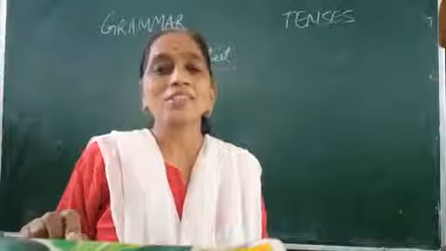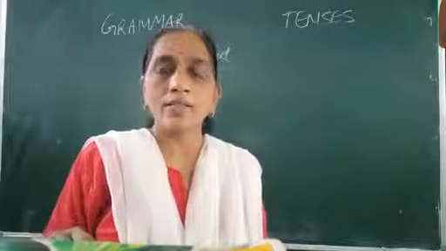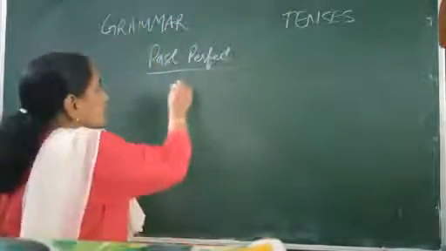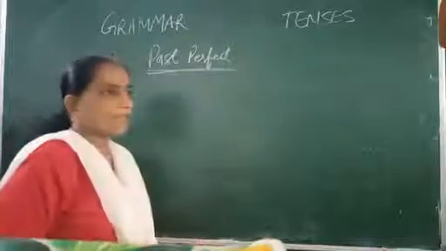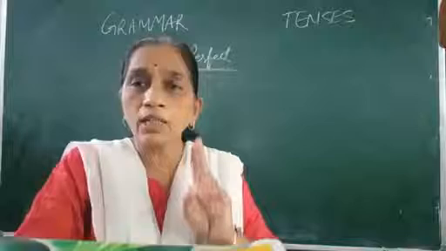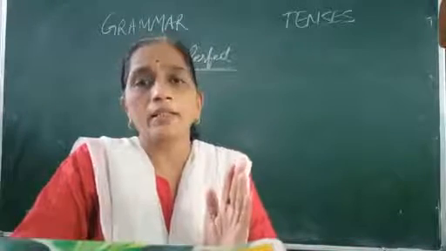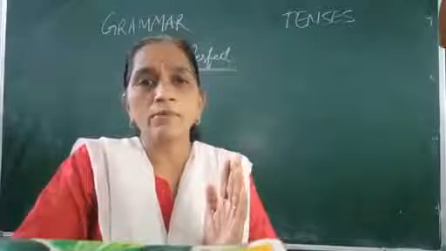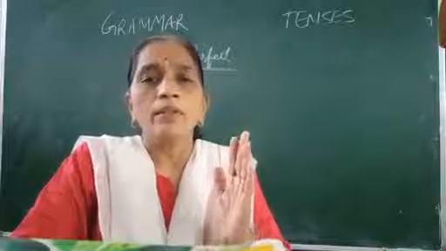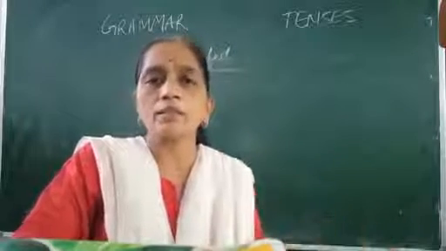In continuation with tenses, we shall learn the past tense and past perfect. Third part of it is past perfect tense. This tense is used when two actions took place in the past time and had plus verb third form is used when the action took place earlier than the other.